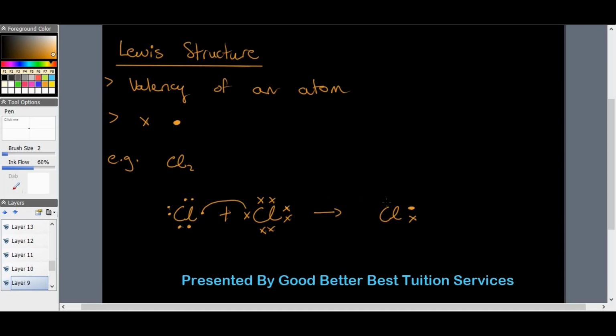And I simply add in the lone pairs of both chlorine atoms as well. I still need to show the lone pairs, but this here is the bonding pair. In other words, the 1 valence electron from either chlorine came together, and I've shown them by writing them in bond form in Lewis structure.